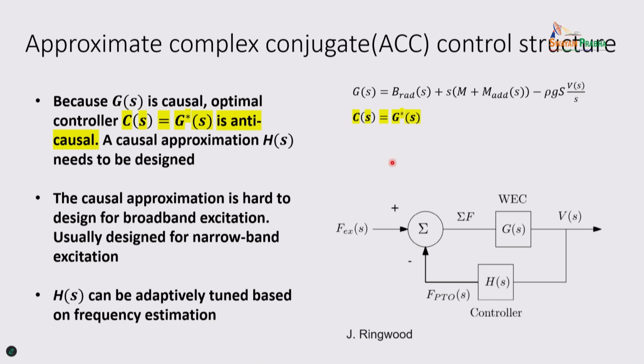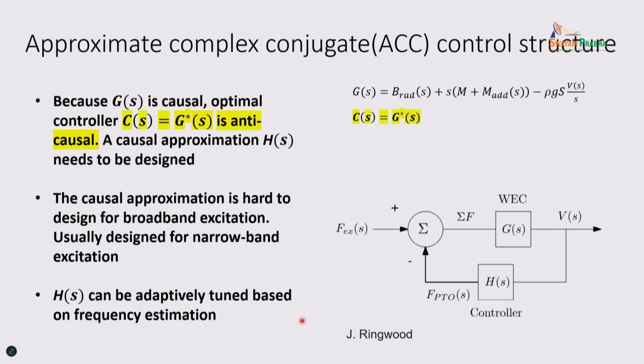So you want to design a causal transfer function that approximates that particular transfer function. If you have one frequency, matching it is really straightforward. Now you have a broad frequency range, and you want to match all the frequencies, so that is more complicated. You need to design an approximation controller that you can tune based on which frequency dominates.